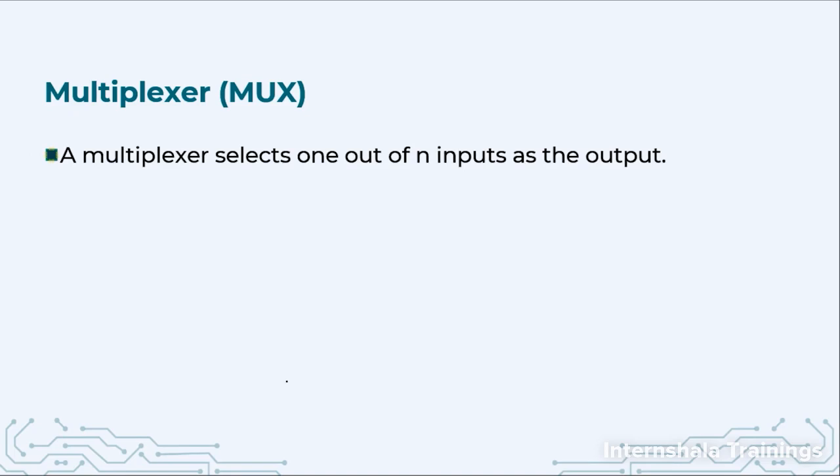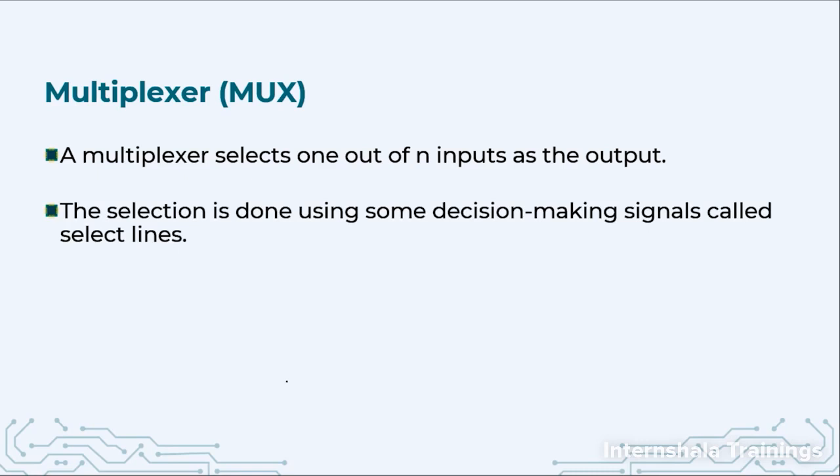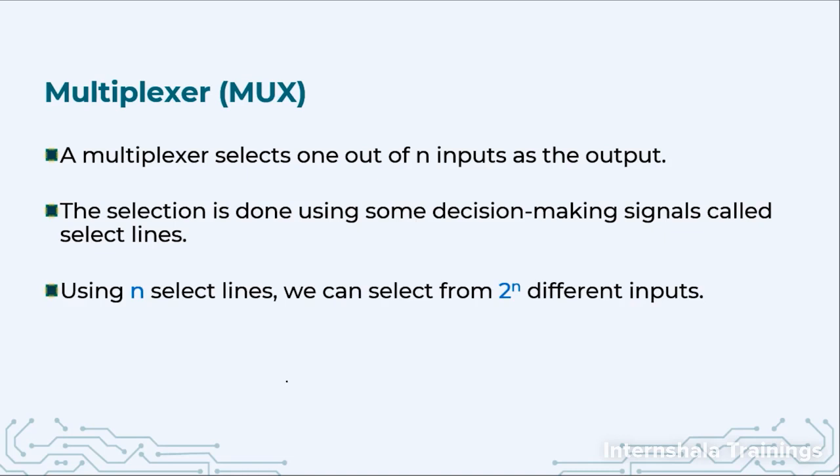A multiplexer can select one out of n possible inputs, and that input will be assigned as the output. The selection is done using the decision making signals. So there are n inputs and we have a few selection lines as well to decide which input will be selected. If I have only one selection line, I can make two decisions, yes or no. That means 0 or 1.